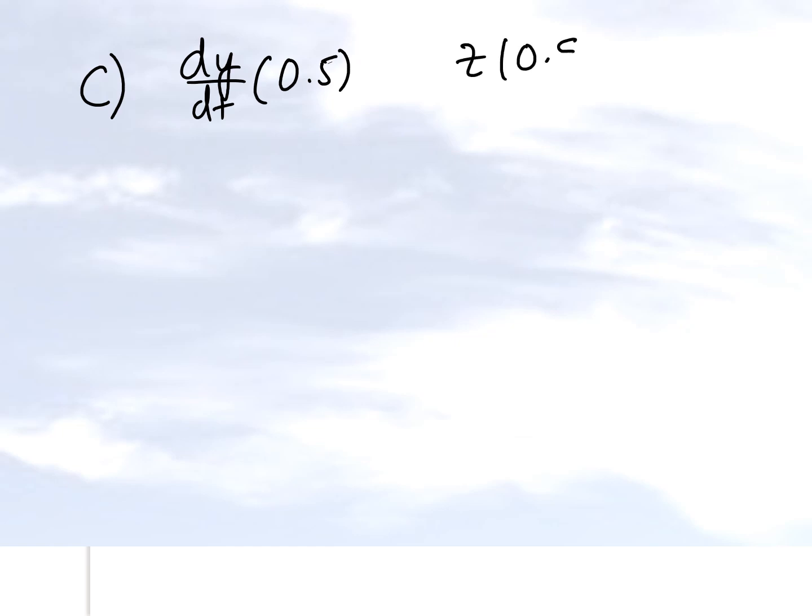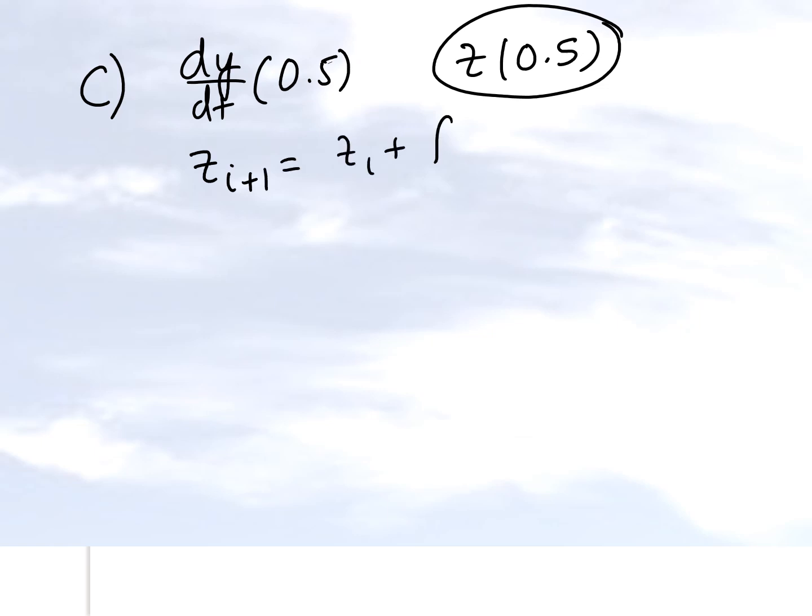So in part C, what we're asked to do is to find the value of dy by dt at 0.5. But we know that dy by dt is z, so basically what we're asked to find is the value of z at 0.5. So go back to our Euler's method formula, which is z sub i plus 1 is equal to z sub i plus the value of the function f2 at t i, comma y sub i, comma z sub i, times h.